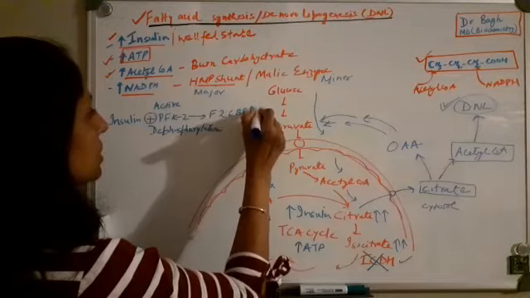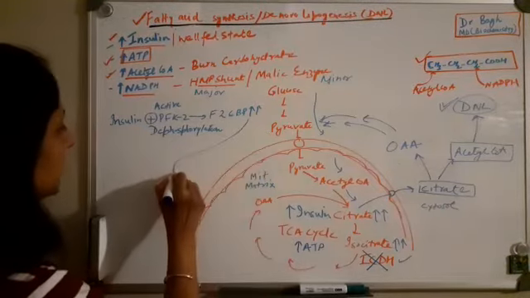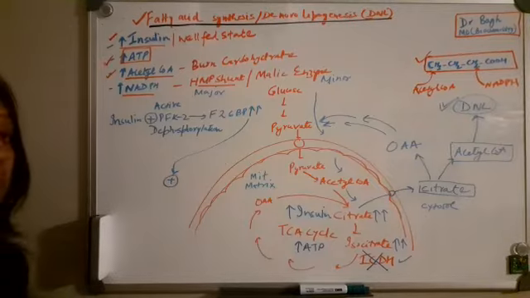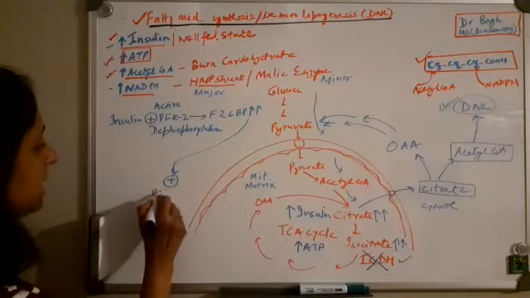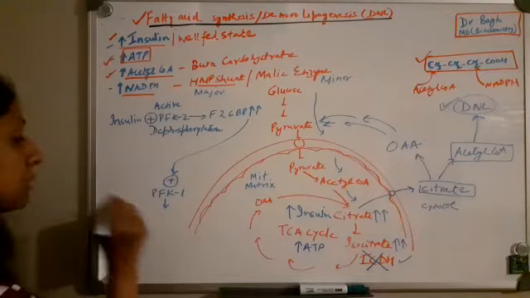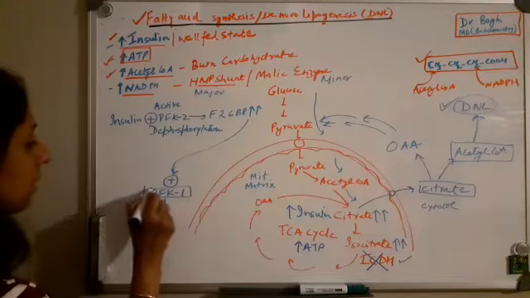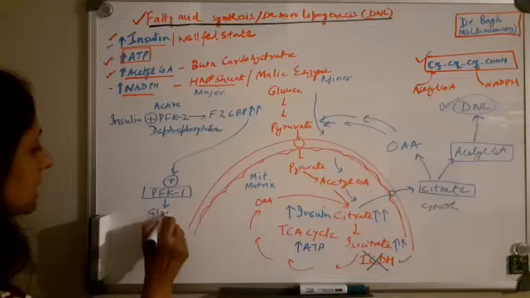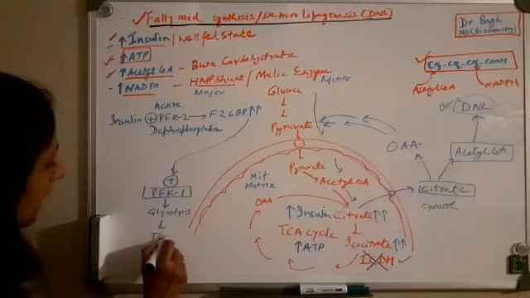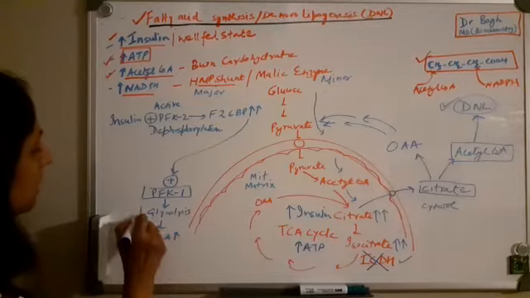The fructose 2,6-bisphosphate, which is increased inside your cell, will then turn on one of the enzymes of glycolysis known as PFK1. Because this is active, both glycolysis and TCA are turned on a little more.